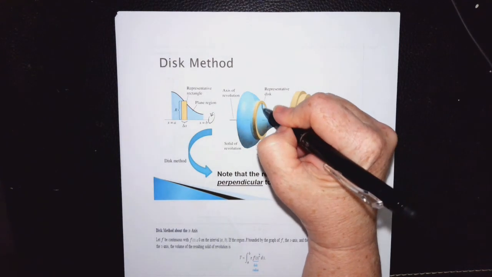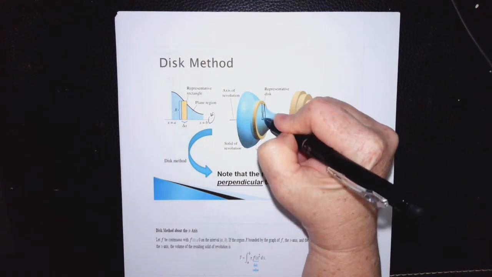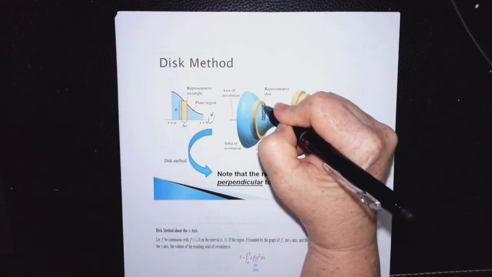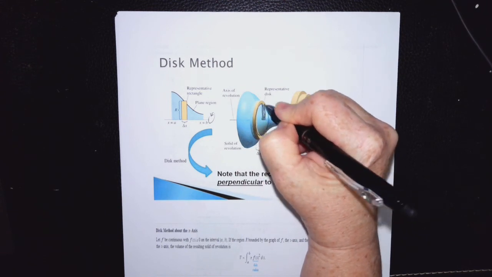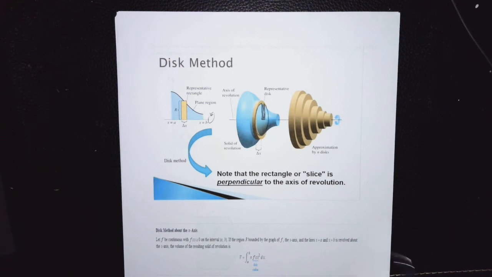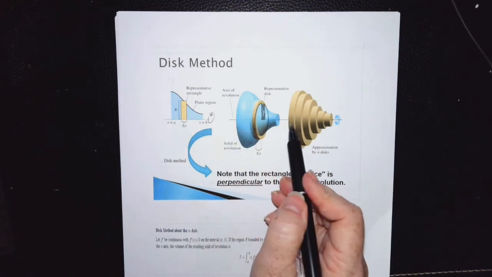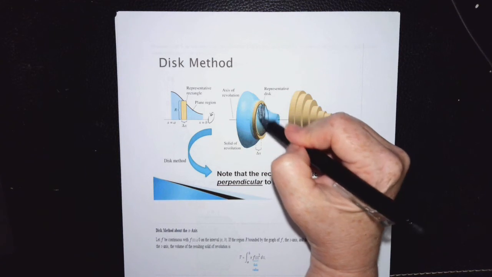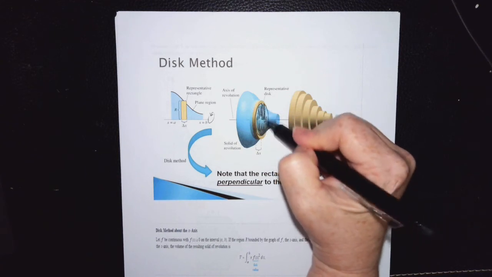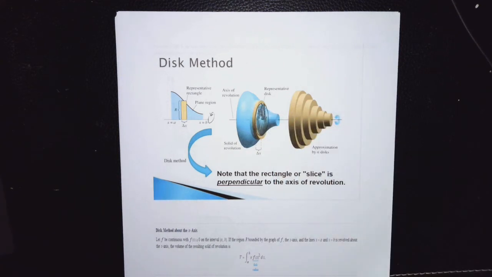So if I took one of those representative rectangles here, and I rotated that rectangle all the way around 360 degrees, in this case around the x-axis, the shape that I would get is a solid flat disc.